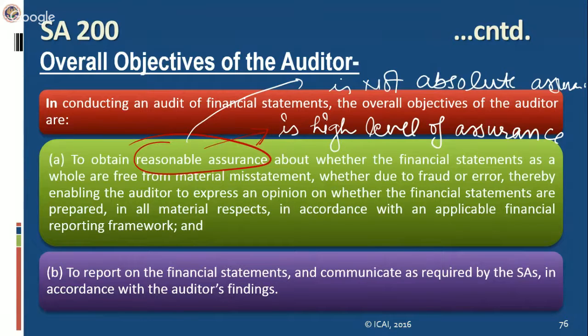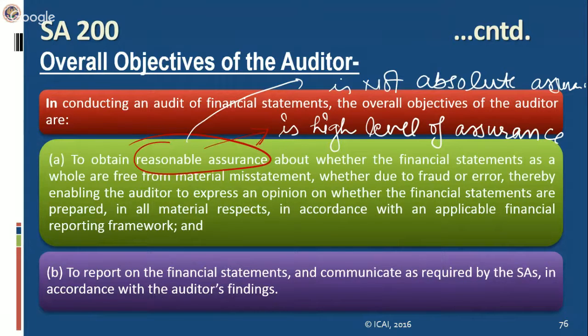Because of the inherent limitations of audit, I cannot give absolute assurance. I can give only reasonable assurance, and that is considered a high level of assurance.